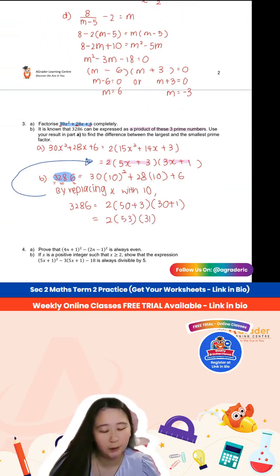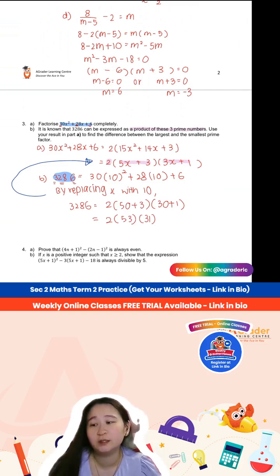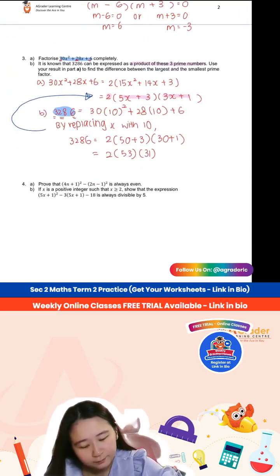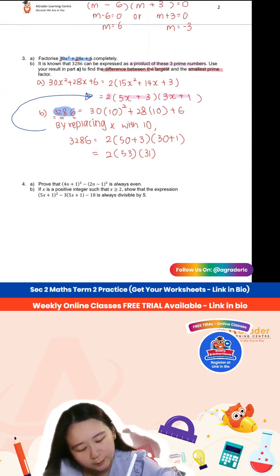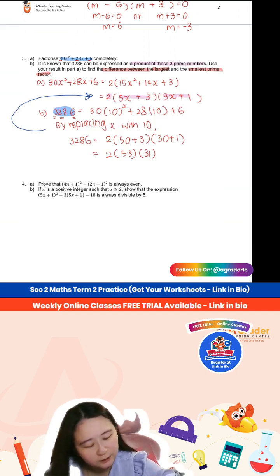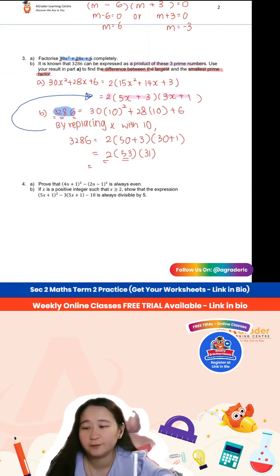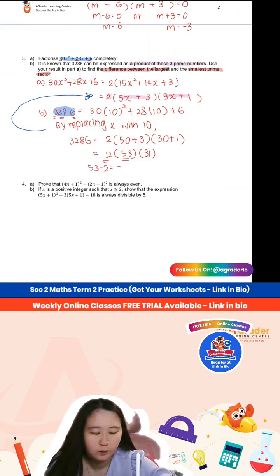And then make sure that they are all prime numbers. Okay, so 2, 53, and 31, they are all prime numbers. They want the difference between the largest and the smallest prime factor. So this is the largest and 2 is the smallest. So we take 53 minus 2, 51. So this would be the difference.